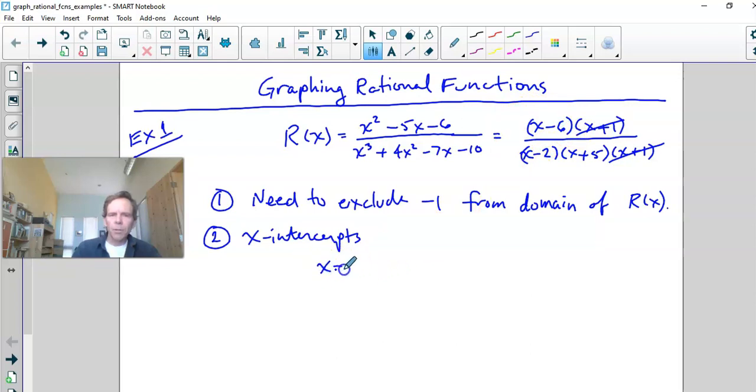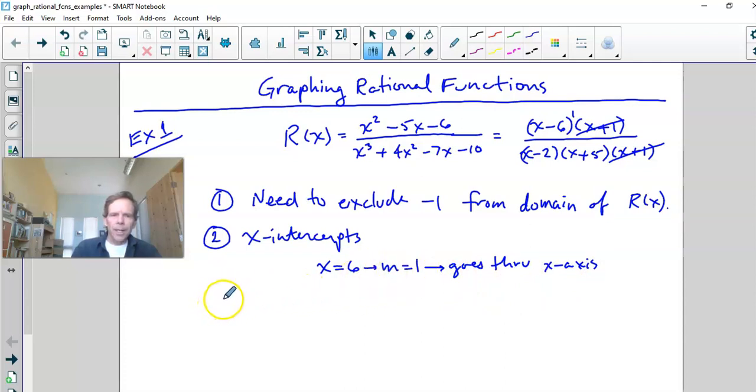So x equals 6. And the multiplicity, you see a power 1 outside that binomial there. That means m is 1. And that means that the graph goes through the x-axis. And there's no other x-intercepts, that's it.